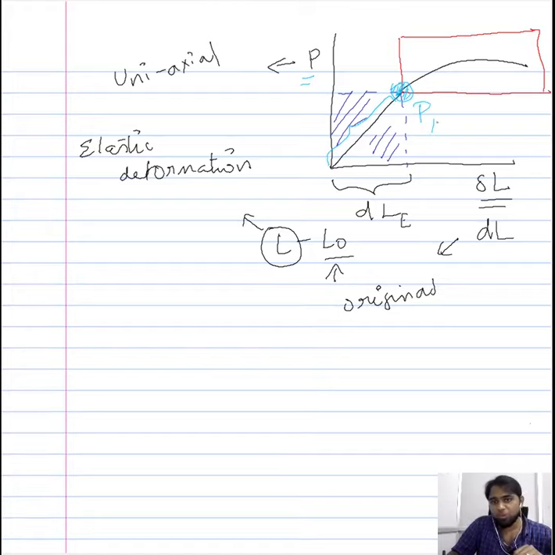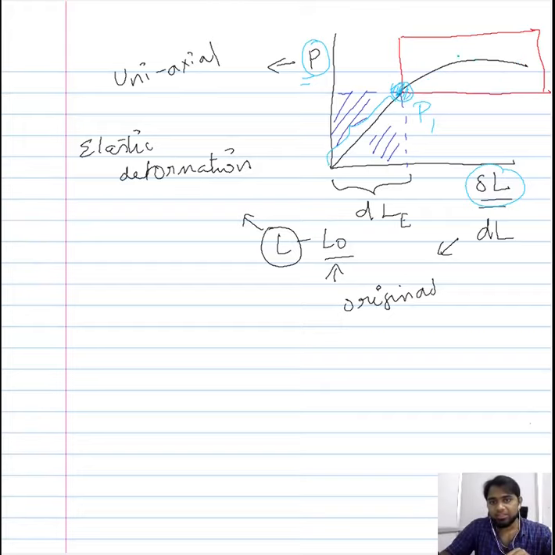After this point P1, whatever the behavior of the material is, it is non-linear with respect to the variables we have considered here. So with respect to the load and the deformation, whatever region succeeds point P1 is a non-linear region. That is one point that characterizes this whole curve: there is a point beyond which the behavior of the material is non-linear with respect to load and deformation.